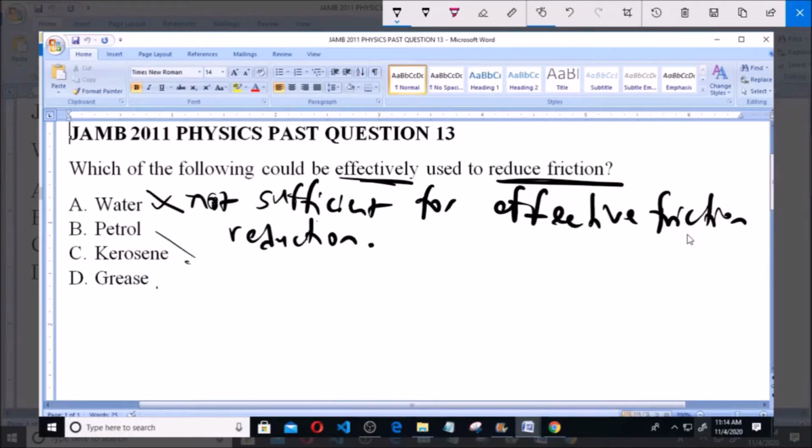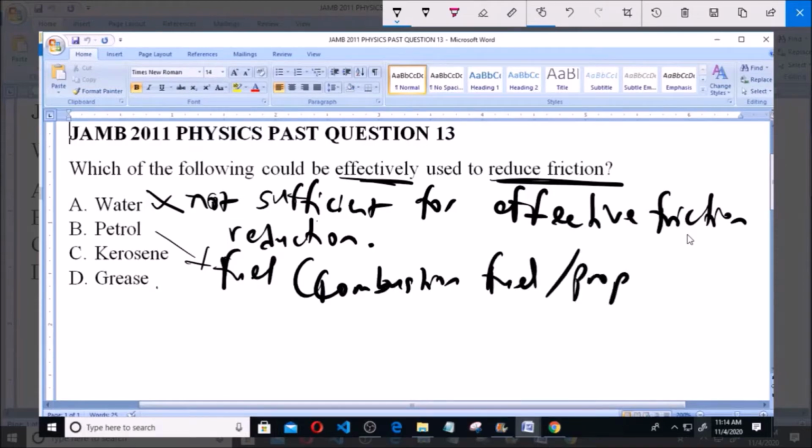Now, petrol is not known for its ability to reduce friction. It is known for its use as fuel, either as combustion fuel or even propulsion fuel.